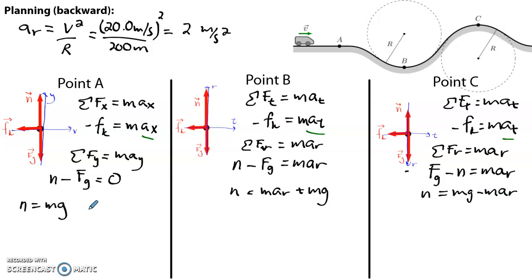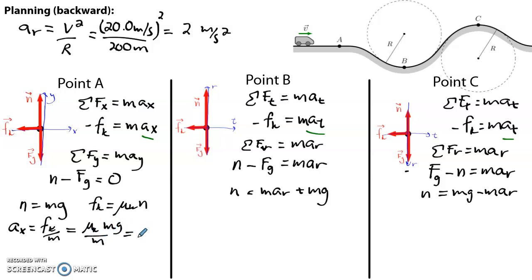With n, we can now calculate the value of fk, which is just equal to mu k times the normal. But at the same time, we can right away calculate what will be the ax, because we know that ax will be equal to fk divided by the mass. So really what we're looking for will be the value of mu k times mg divided by the mass.